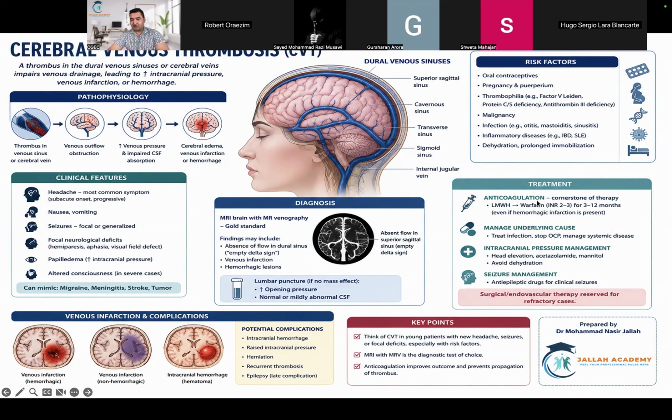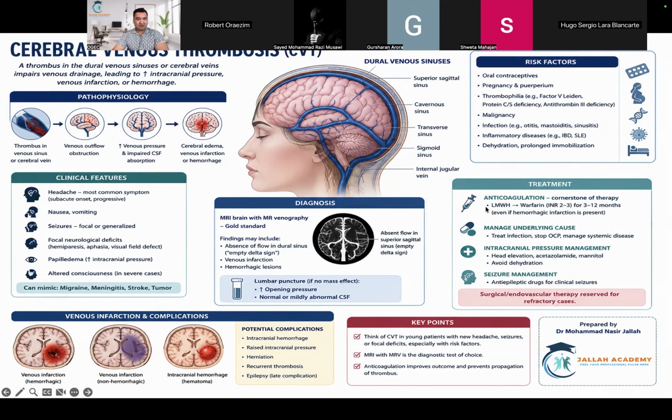Okay, treatment: anticoagulation. The cornerstone of treatment of venous sinus thrombosis is anticoagulation. Low molecular weight heparin, then move on to warfarin for 3 to 12 months, even if hemorrhagic infarction is present.